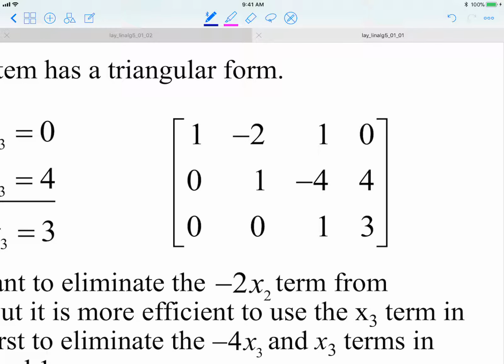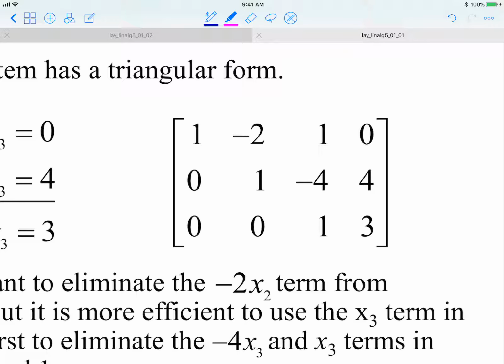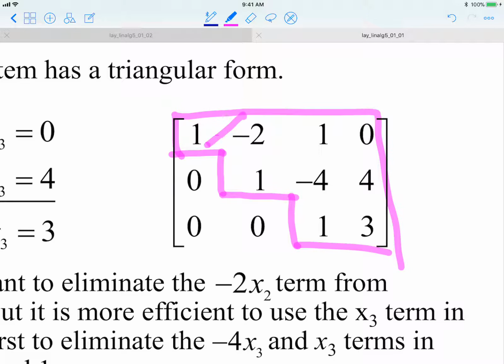So let's think about this case. Let me draw the staircase here. We start from here, something like this, right? So this will be our staircase, and this is actually an echelon form, right? So we are in the middle. It was not the end of solving the linear system, right?